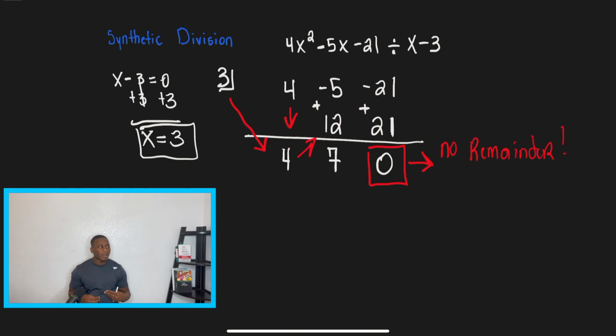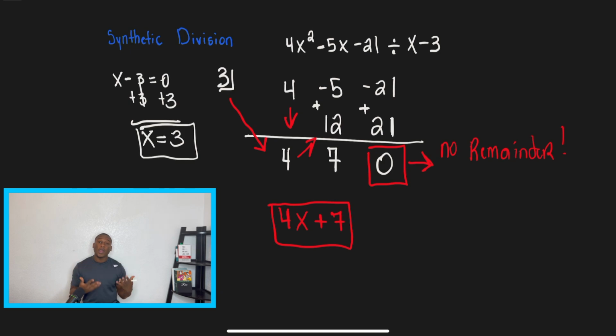Now that we finished the problem, we have to think about the exponents or the variables. Our final answer would be 4x plus 7. For those of you wondering, what happened to the x squared term? When we talk about dividing exponents with the same base, for our answer to be 4x squared, we would have to multiply 4x and then x.